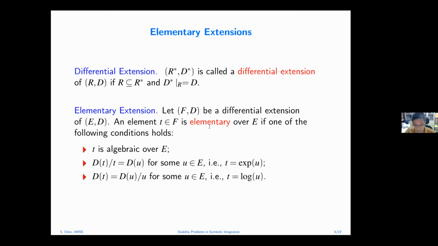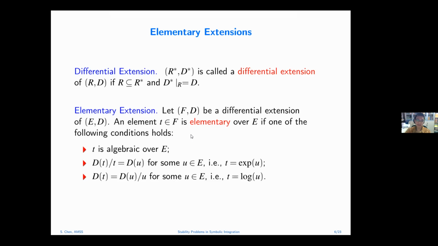And once we have this differential ring extension, now we can specify what we mean by elementary extension. Let F be a differential extension of E. Maybe to avoid the complete star, I just use the same symbol D for the derivation. An element T from the bigger field is elementary over the smaller field E if one of the following three conditions holds.